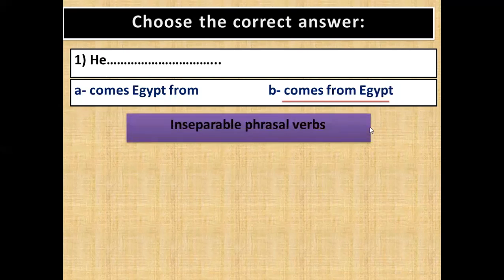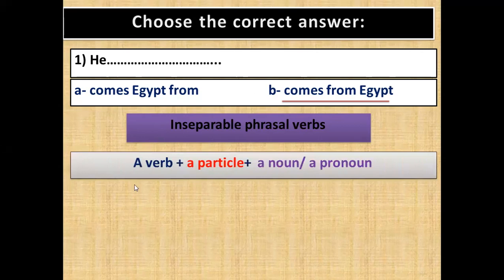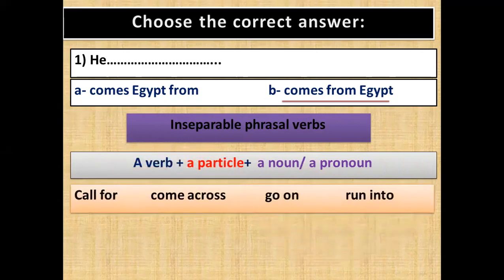So there is a kind of phrasal verb that's called an inseparable phrasal verb. Its formation is a verb plus a particle plus a noun or a pronoun. There are many inseparable phrasal verbs in English, like call for, come across, go on, run into.